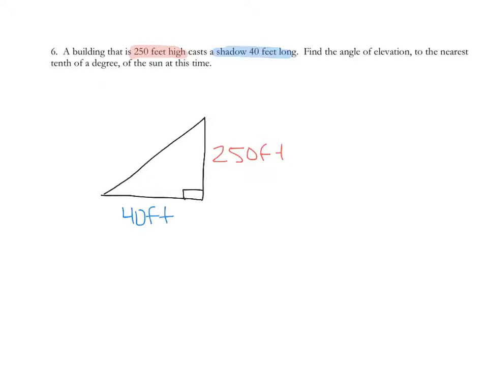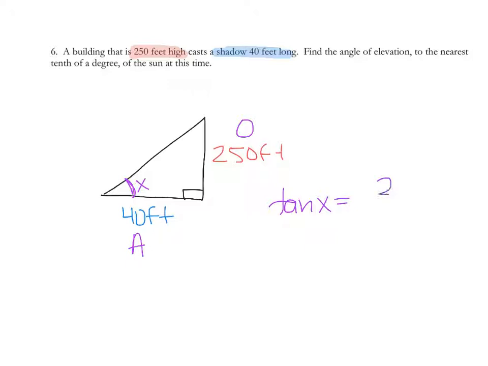And then we want to know the angle of elevation. So remember, the angle of elevation is always between the horizontal line and the hypotenuse. So it's going to be here, to the nearest tenth of a degree. So I'm going to call that x. So right now we have opposite and adjacent, which means we're going to use tangent.